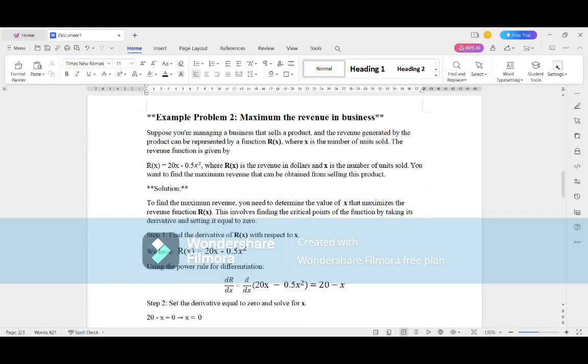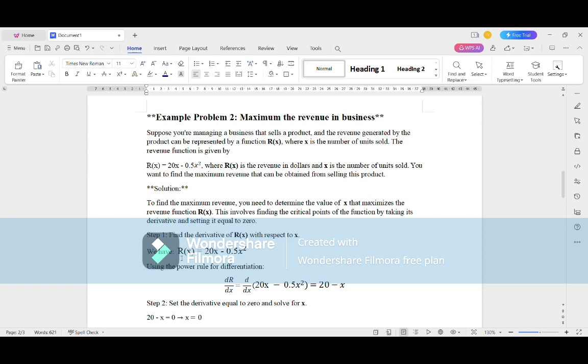We need to determine the value of x that maximizes the revenue function R(x). This involves finding the critical points of the function by taking its derivative and setting it equal to 0. First we must find the derivative of R(x) with respect to x.